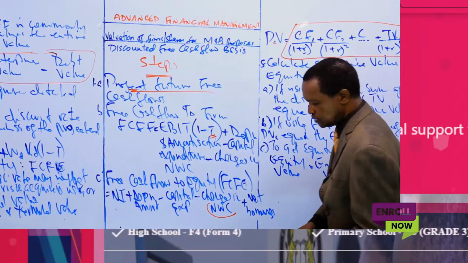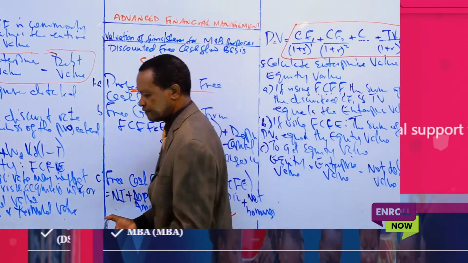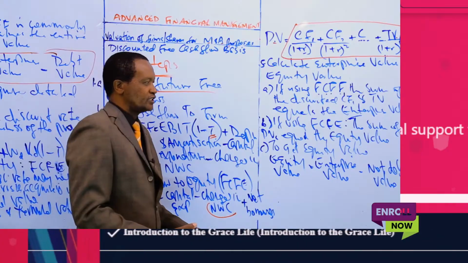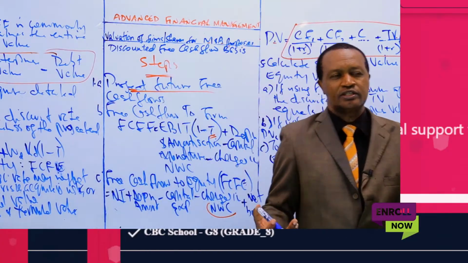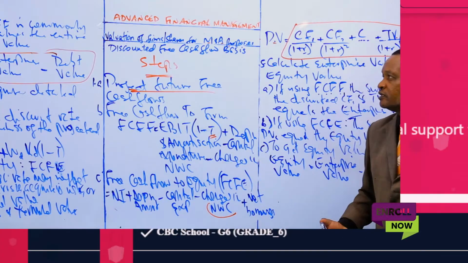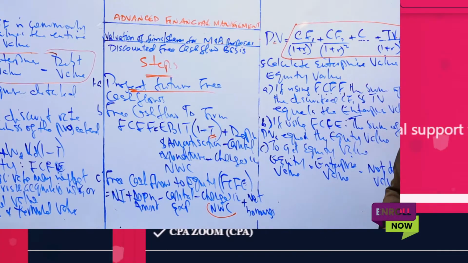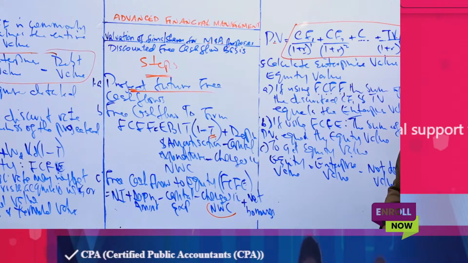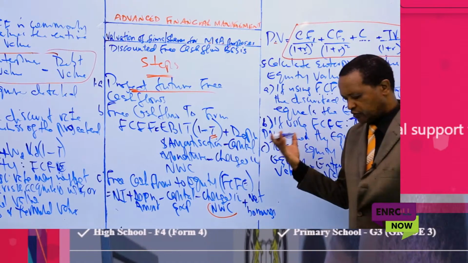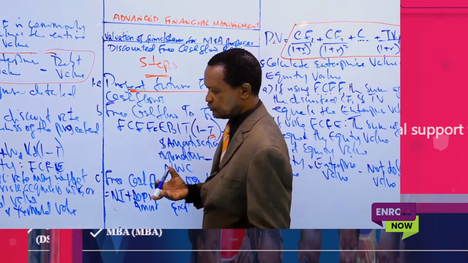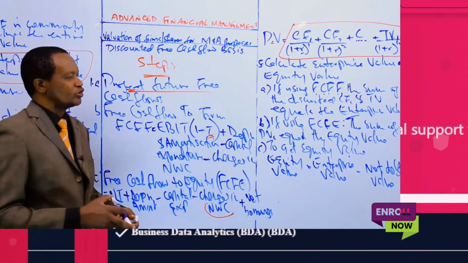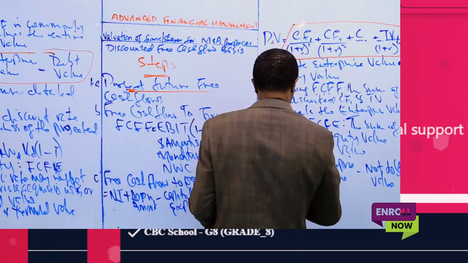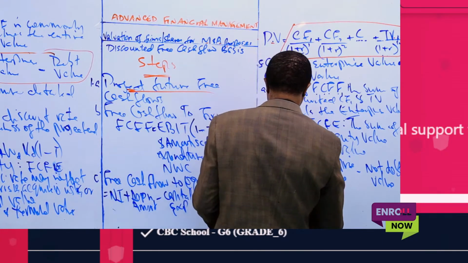Straightforward. Now let's briefly discuss some of the problems or challenges and advantages of this method. The challenges are related to the challenges for the other valuation techniques. Before you get to the challenge, the first advantage of this method is theoretical soundness.